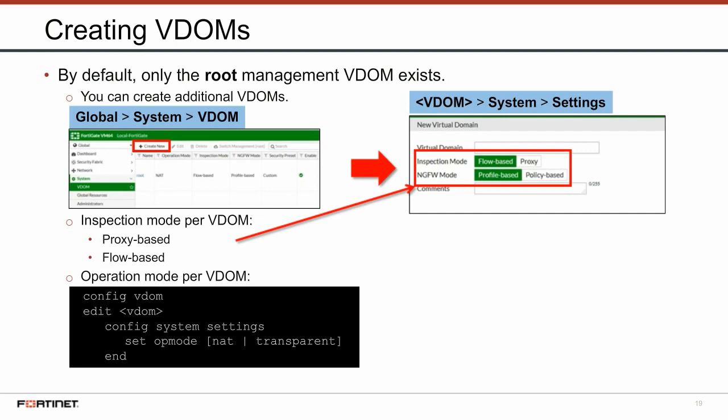In a VDOM in flow-based mode, the traffic is scanned on a TCP flow basis as it passes through FortiGate. There is no implicit TCP proxy involved. The operation mode is also a per VDOM setting. You can combine transparent mode VDOMs with NAT mode VDOMs in the same physical FortiGate.